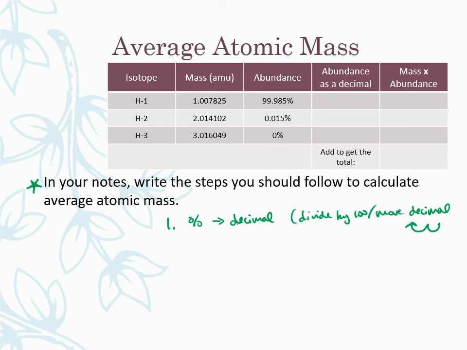All right, step 2. Multiply the mass by that decimal that we just found. Step 3, last step. We're going to add all those pieces from step 2. And that's it.